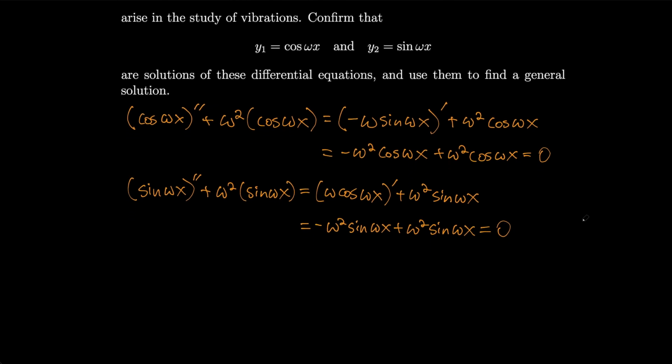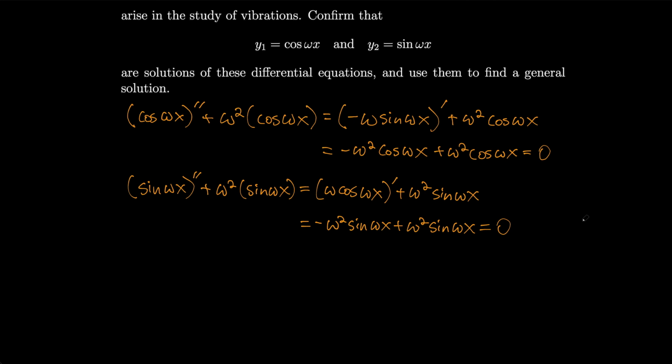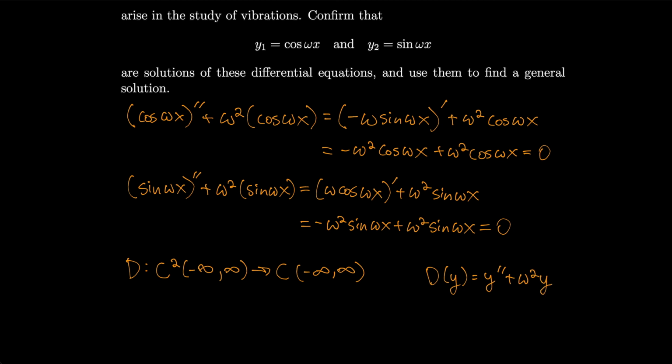Okay, so let's find a general solution now. So we have D from C2 of minus infinity to infinity to C of minus infinity to infinity, where D of y is equal to y double prime plus omega squared y.